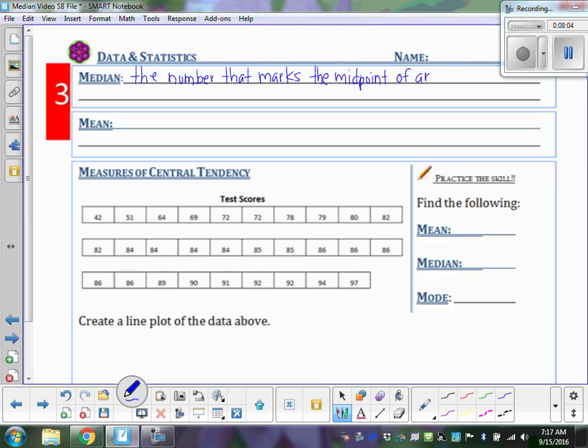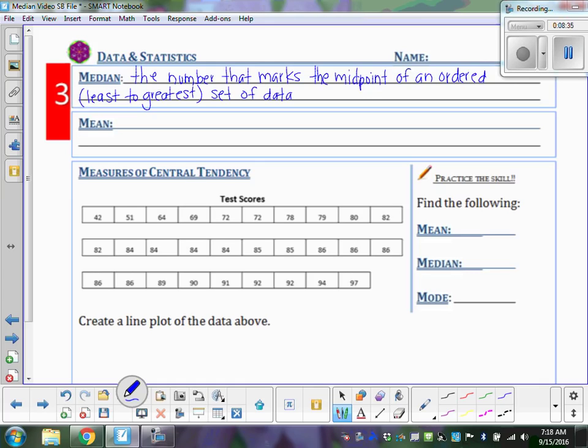When I say order, I mean least to greatest. So the number that marks the midpoint of an ordered least to greatest set of data.